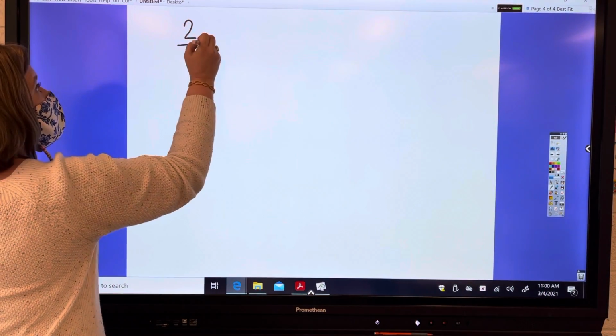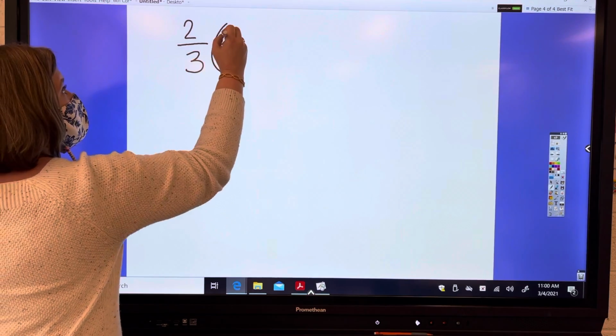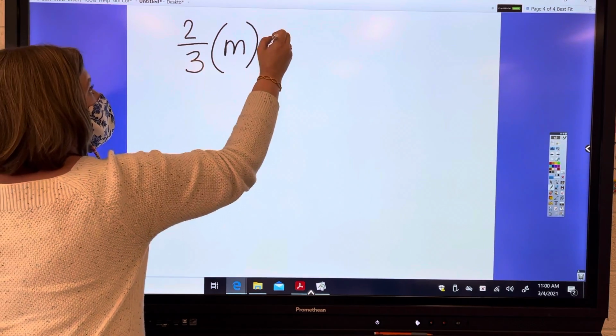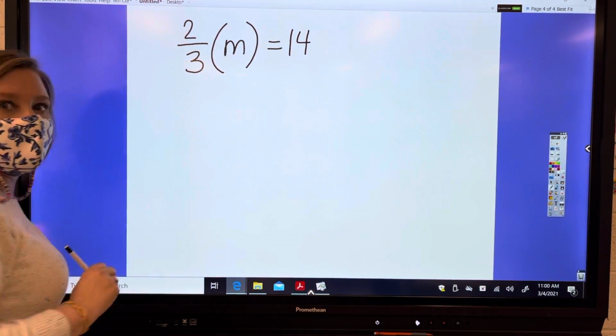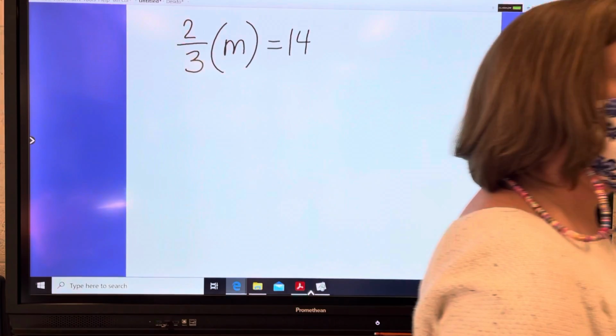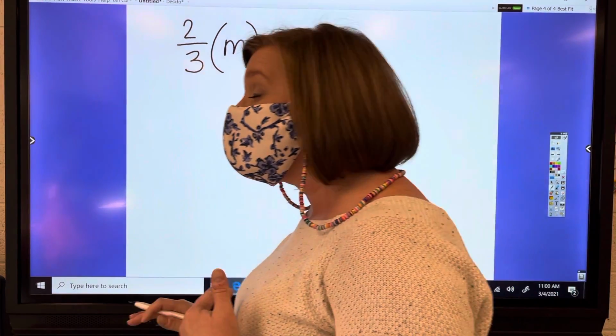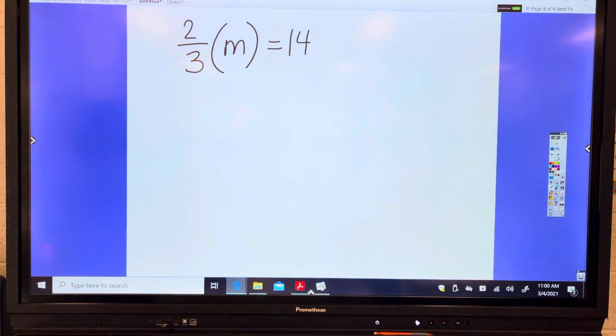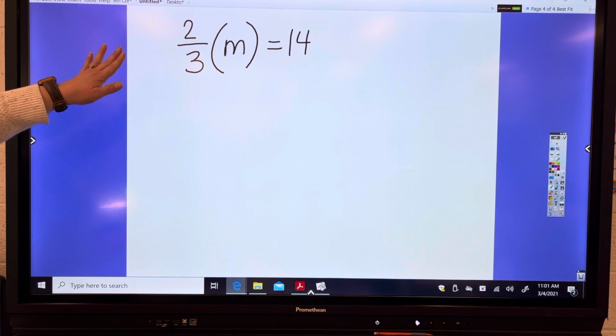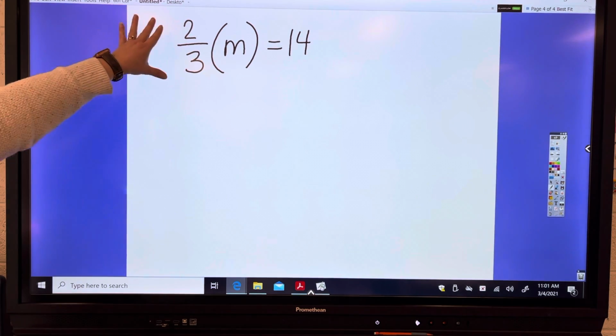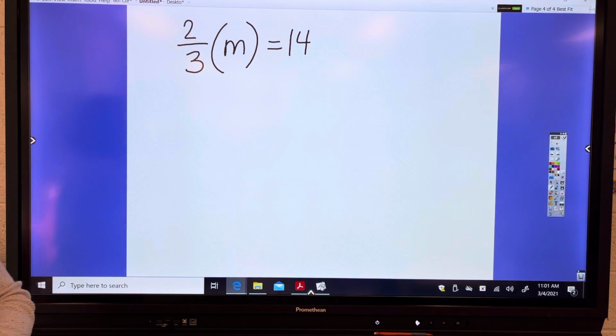We have 2/3 m equals 14. Does everybody see that on your paper, for number 1? Please do not pick up your pencil right now. I want you to put your pencil down because I want to show you how this is going to work. What operation's going on here with 2/3 and m?